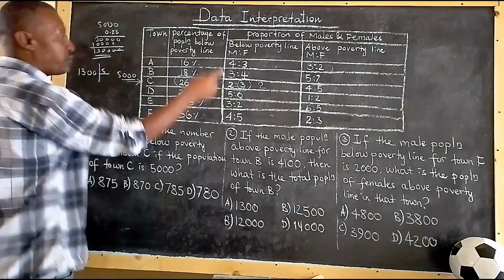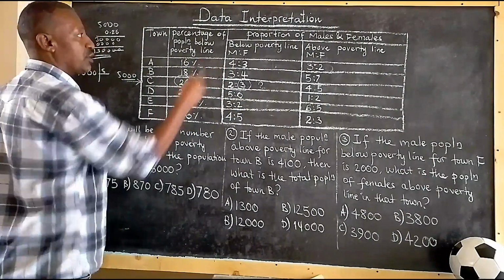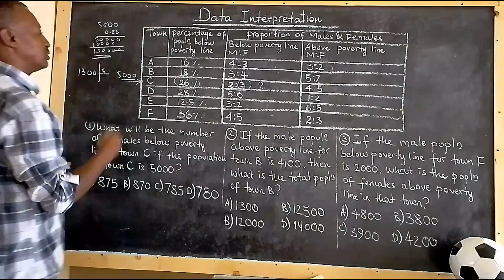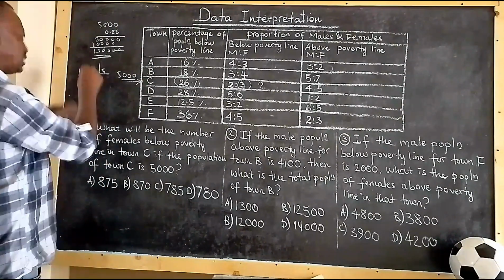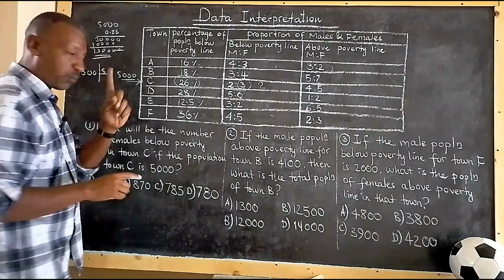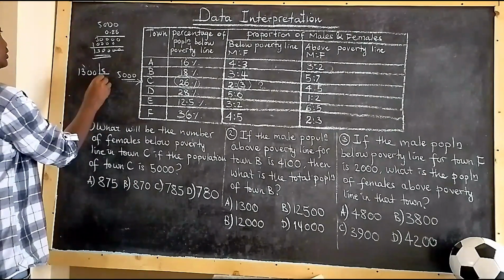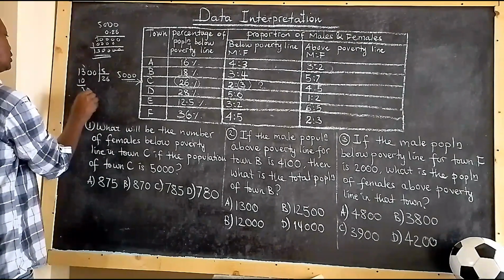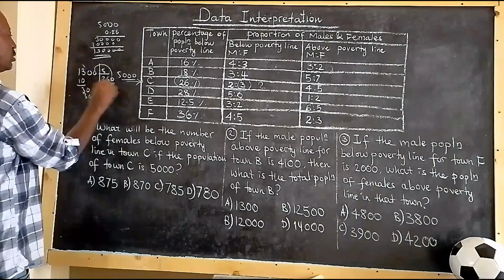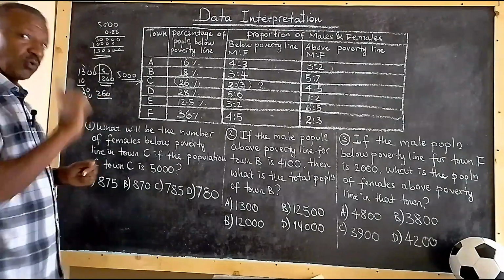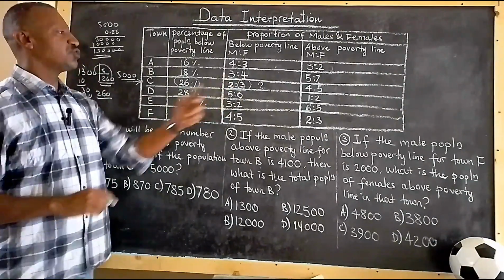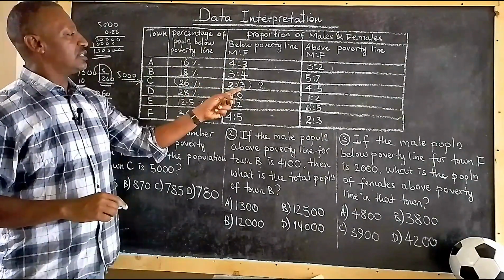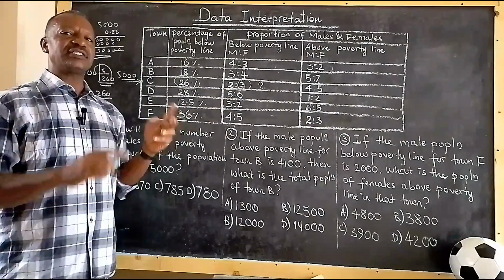Out of 5, 2 belong to male and 3 belong to female. So the entire is 5, and to get the 1 proportion, divide 1,300 by 5. That gives 260. 260 is 1 proportion. So in order to get the female proportion, you multiply by 3.